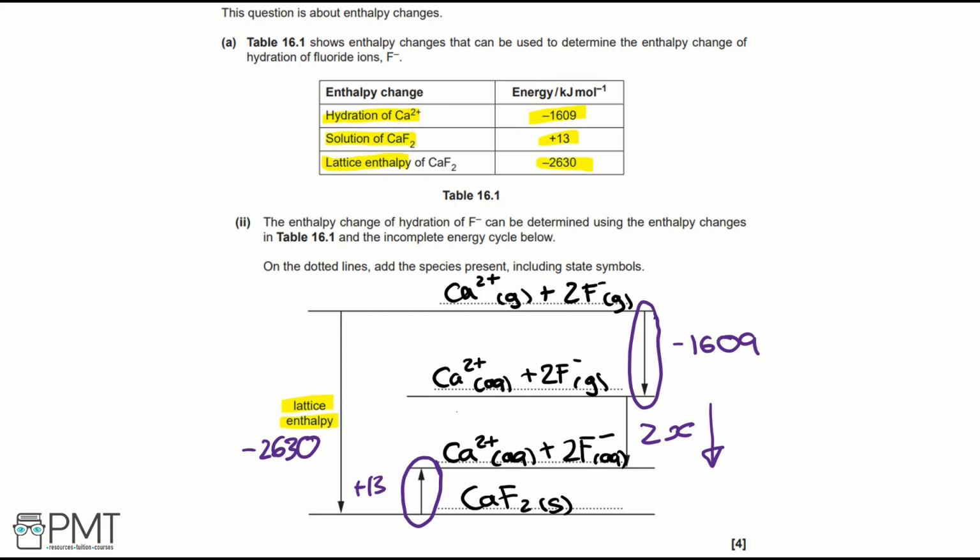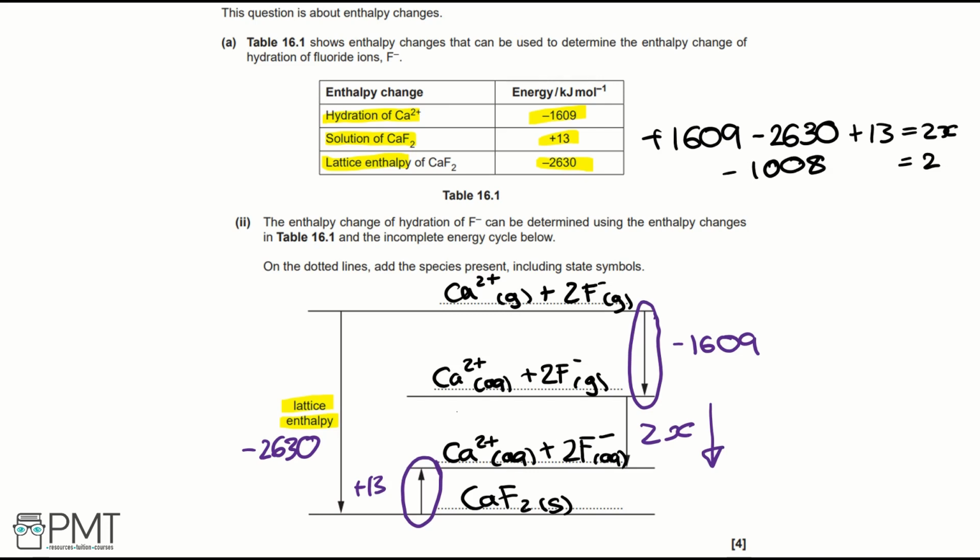So this would be plus 1609 minus 2630 plus 13 equals 2x. That means that 2x has the value minus 1008.